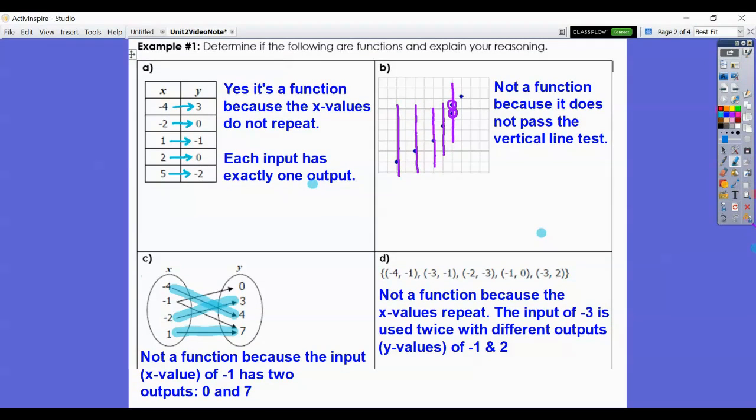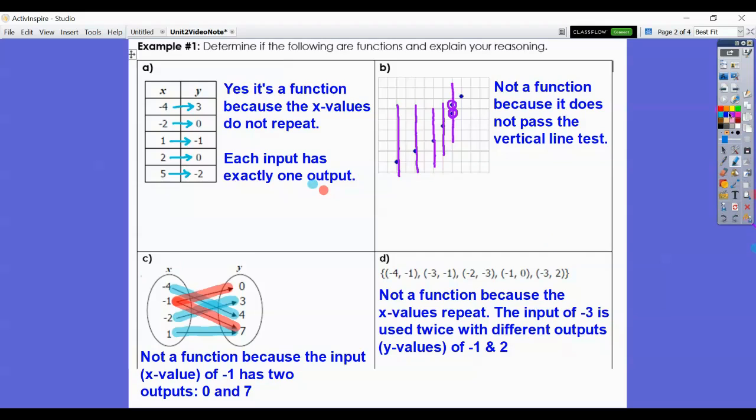We have an arrow from -1 going to 0 and an arrow from -1 going to 7. In red, that is where it becomes not a function, because the input x value of -1 has two arrows, two outputs going to 0 and 7. That's not possible for a function.